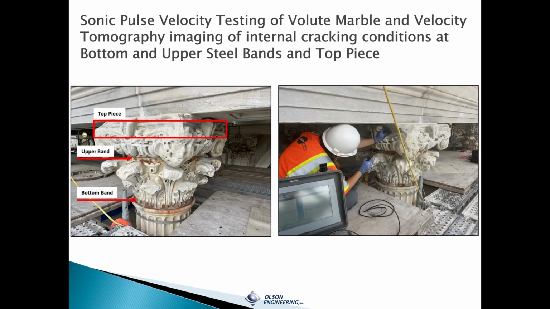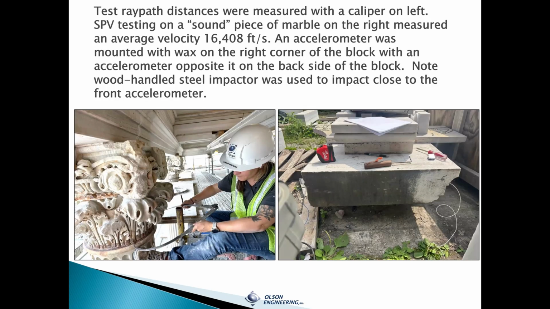We performed sonic pulse velocity tomography at 3 levels around the capitals. Larry already discussed some of the principles of UPV and SPV, but here we did tomography with multiple crossing ray paths in order to generate velocity tomograms to show a more detailed map of slower and faster velocity zones. Larry, could you go back just real quick?